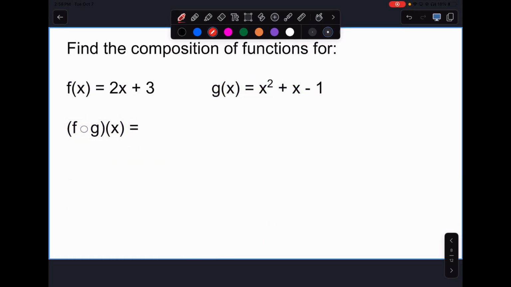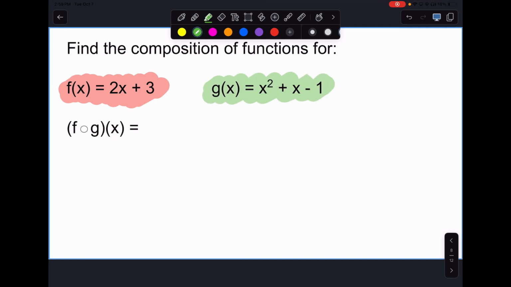All right. Now, what's different about this one compared to what we just did? The functions are different. Are they? I think they are. Yeah, they're different. But what else is different? There's not a number for x. It's just an x, right?